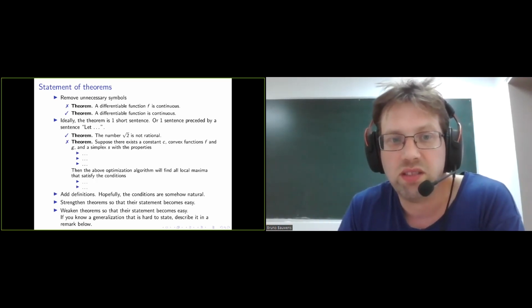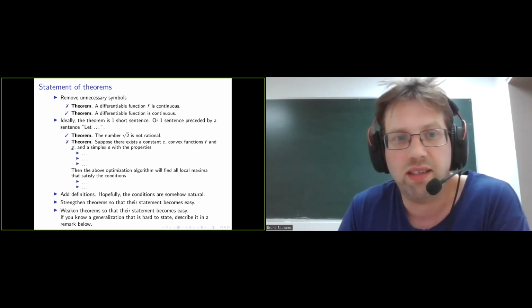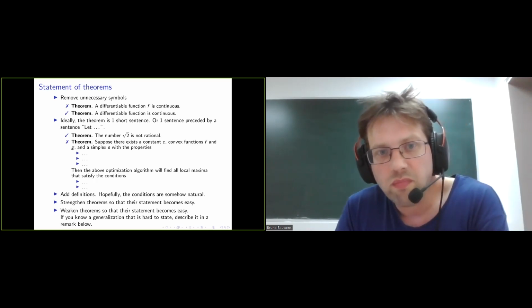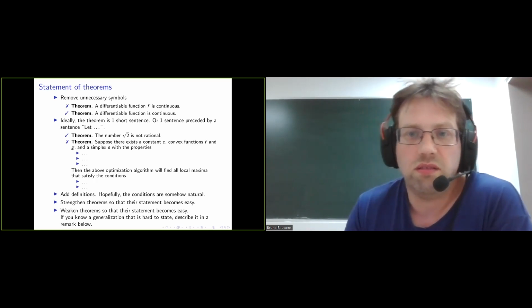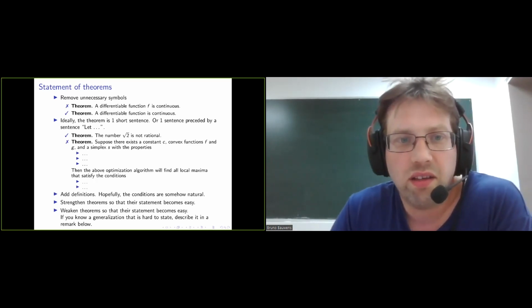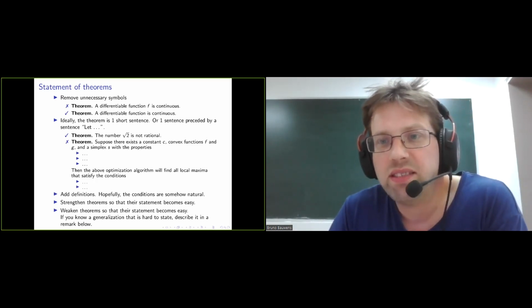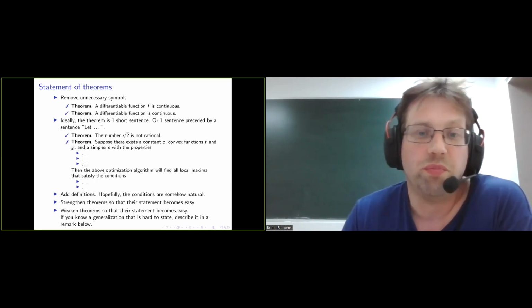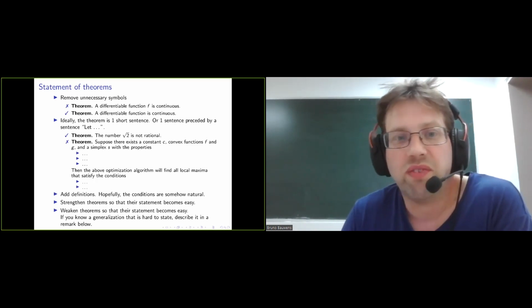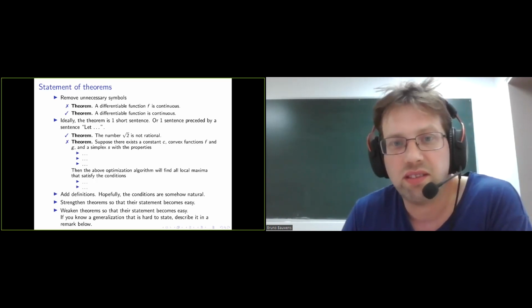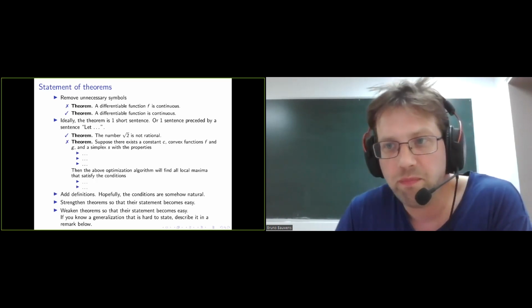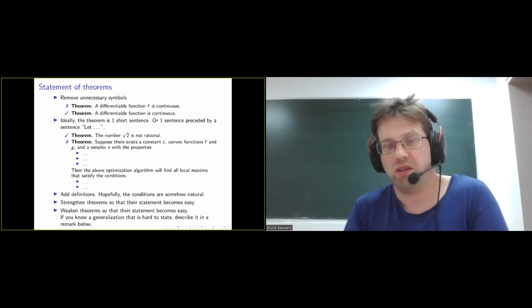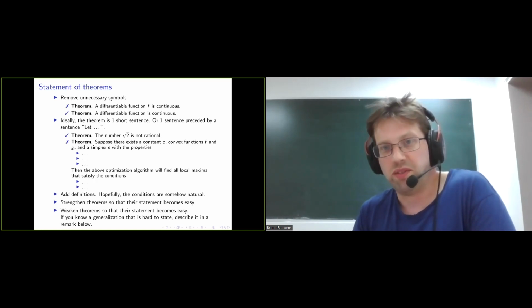So in this case, you better say something like: a simplex S is said to be smooth if there exist convex functions f and g that satisfy blah, blah, blah. And then there is the question, why is this definition interesting?